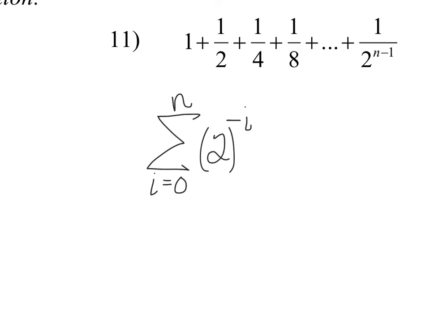Let's jump over to number 11. So let's talk again about the patterns we notice. What I notice here is that we start at 1 and then we end up dividing by larger and larger powers of 2. So that's where I started. I knew that we would have to be raising 2 to a negative exponent. But there's a couple things that make this a little bit more complicated. Well, I start with 1.